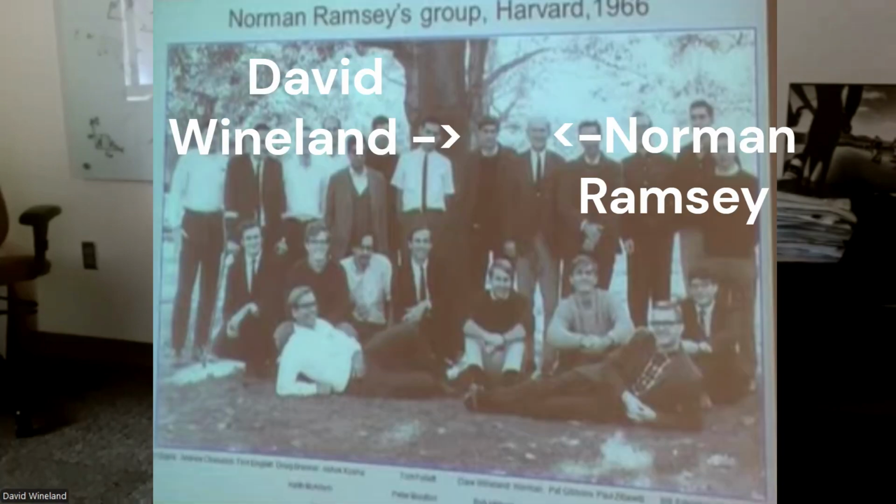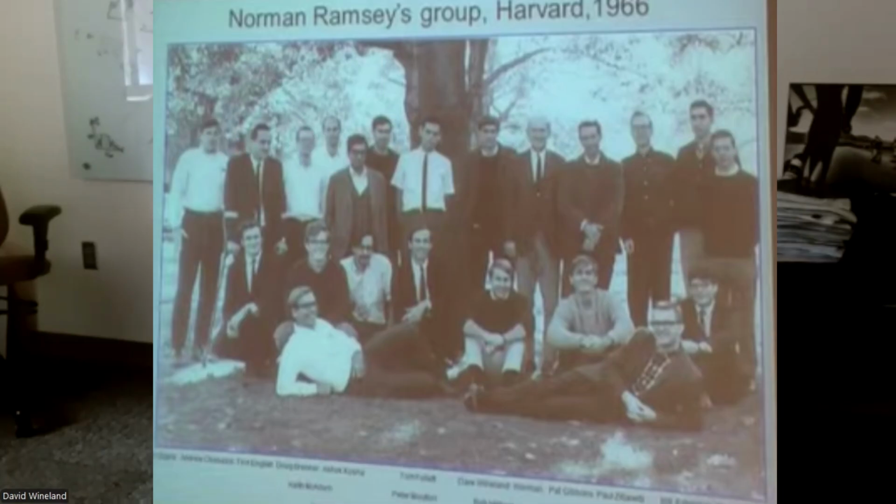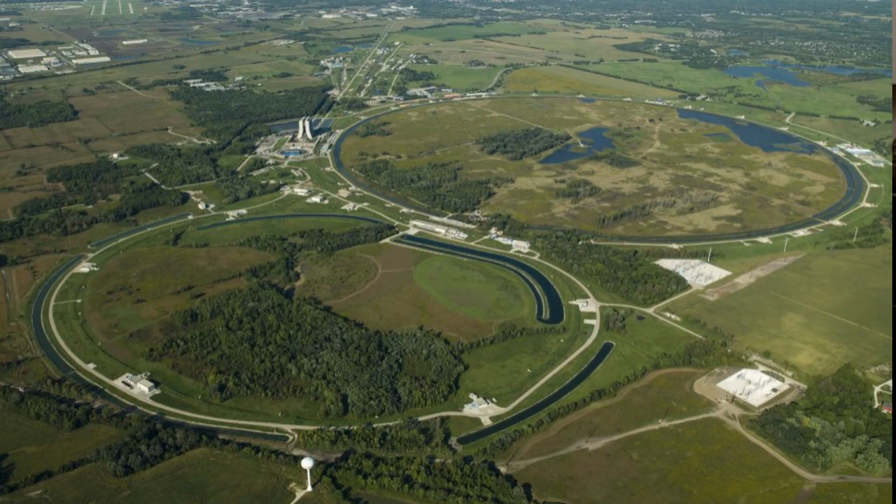And in fact, it's interesting, the story was when I was a graduate student with him in the late 60s, 65 to 70 basically. At that time he was heavily involved with setting up Fermilab, so he was gone most of the time.